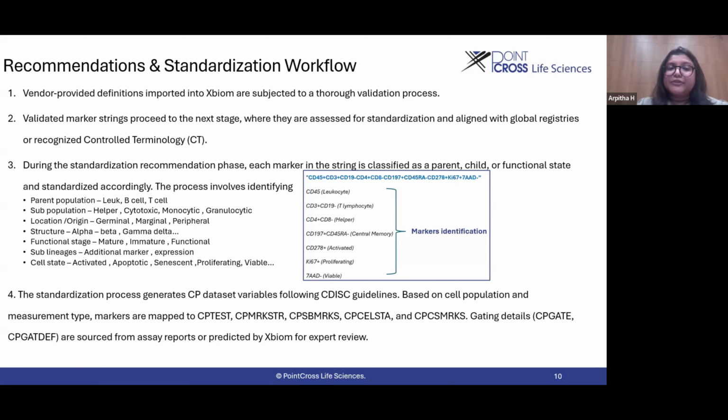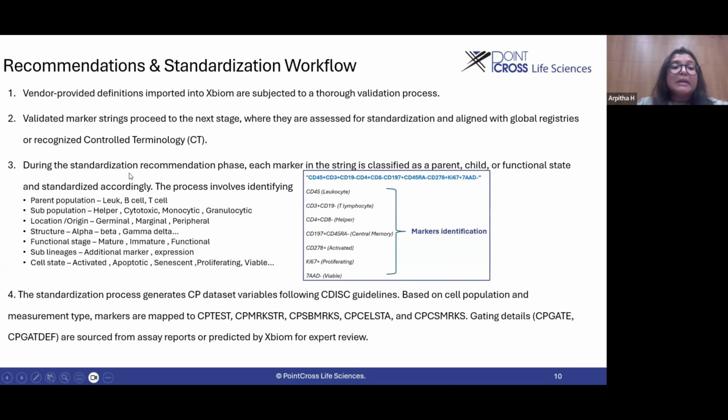So during the process of standardization in the XBiome tool, what exactly happens here? There is a series of validation checks, and the standardization and aligning of these markers happens. As the marker string provided by the reportable is imported into XBiome, it will be validated, and after the validation process, the marker string would be reviewed and aligned to the global markers.